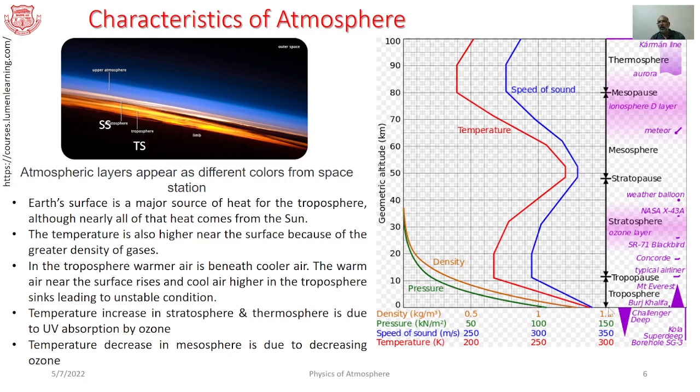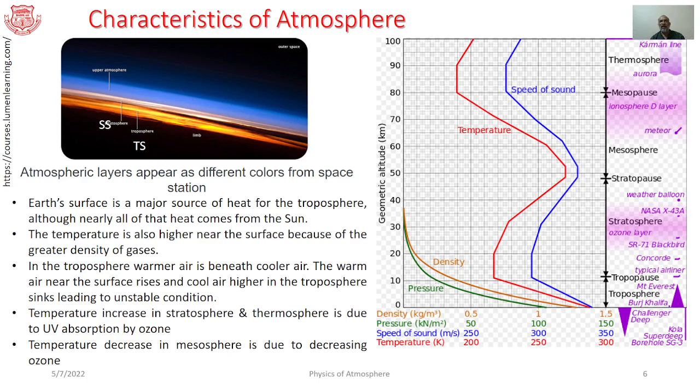As we consider the troposphere from the ground surface, as we start traveling towards the tropopause, there will be a decrease in the temperature. Hence, the warmer air is beneath the cooler air.